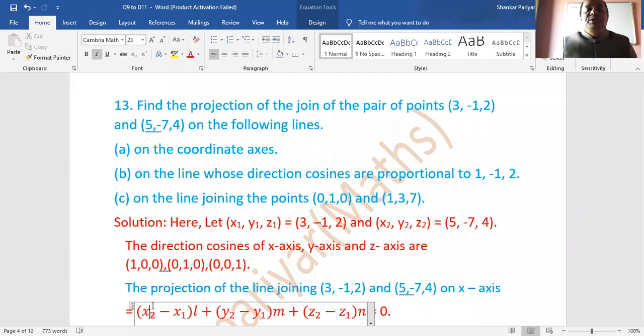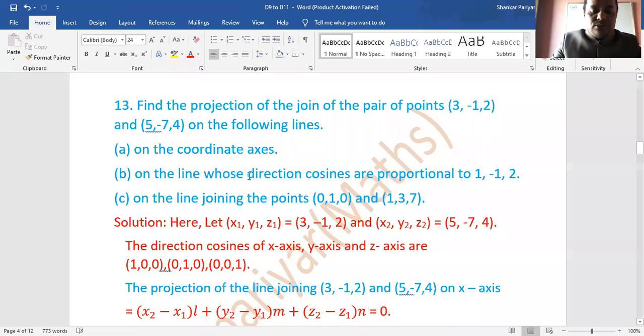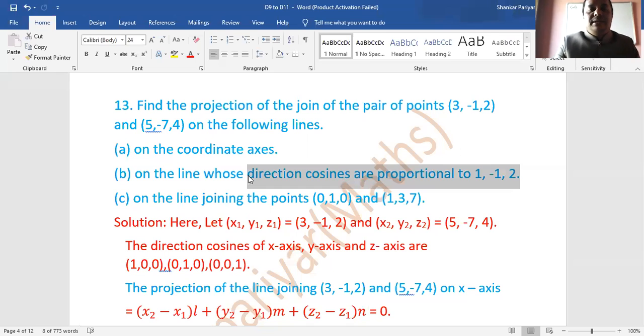Now we are going to B number. Let's see there. On the line whose directional cosines are proportional to 1, minus 2, and 2. So one thing you need to understand: directional cosines proportional to, what does it mean? Look, Prerana, please tell me.